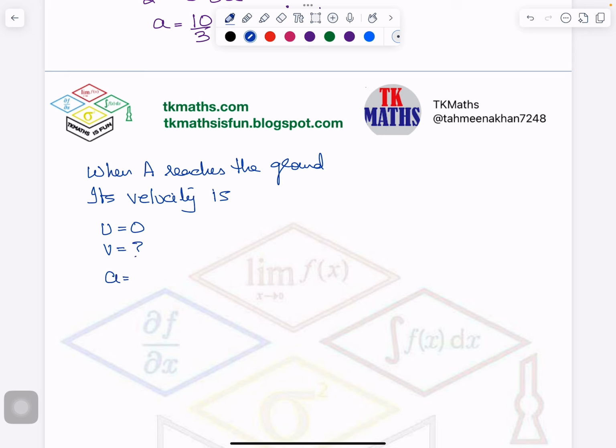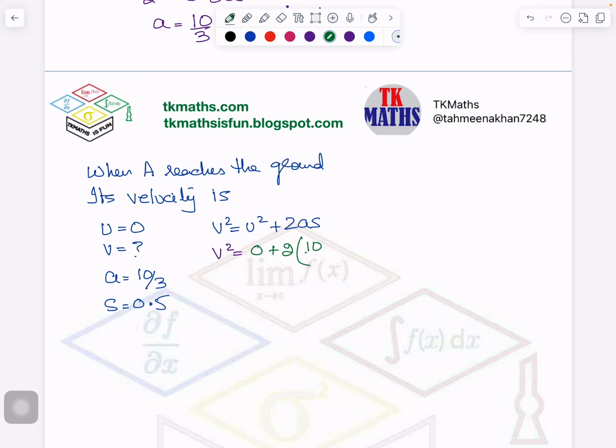A we have just calculated, it was 10 upon 3. And what? The SUVAT equation will be V squared is equal to U squared plus 2AS. And S is equal to 0.5, which is given to us in the question. So now I'm substituting the values here. U is 0.